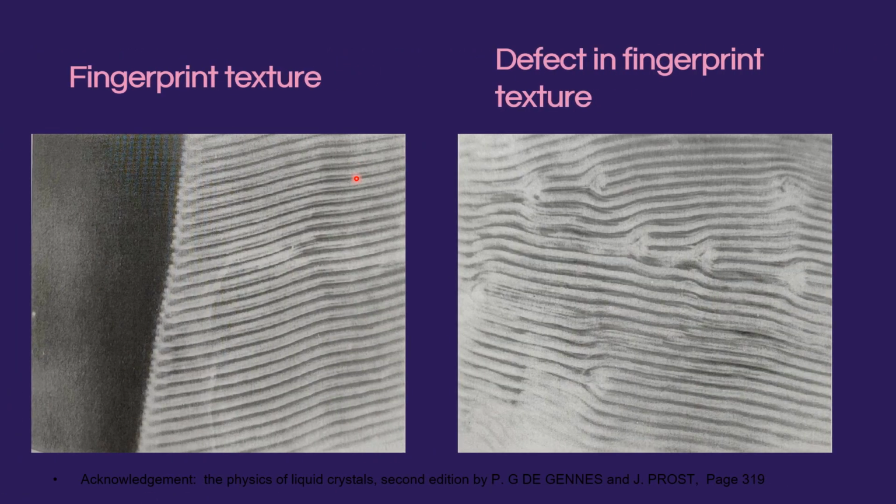There is another form of texture, which is the fingerprint texture, as you observe here, viewed under an electron microscope. The cholesteric phase with a defect appears like this. As you see, the pattern has been distorted. So this is a defect in the fingerprint texture of the cholesteric phase.